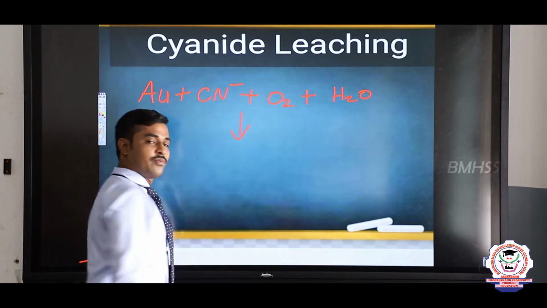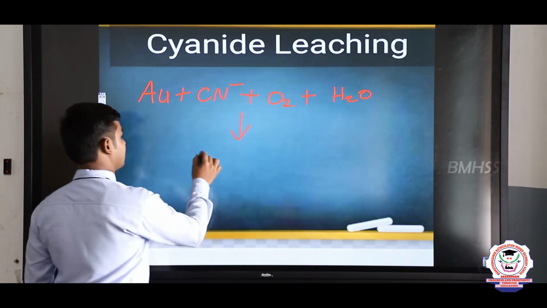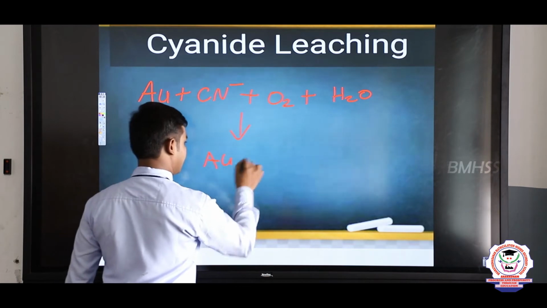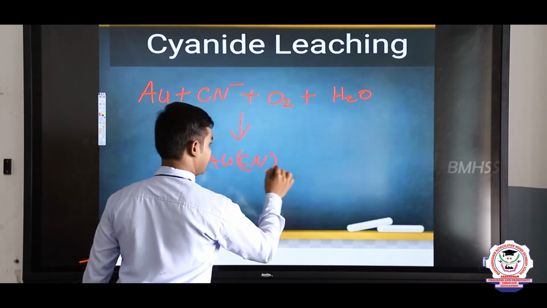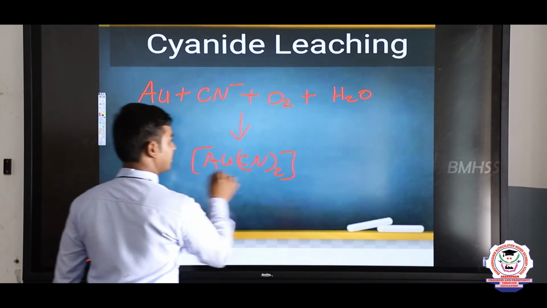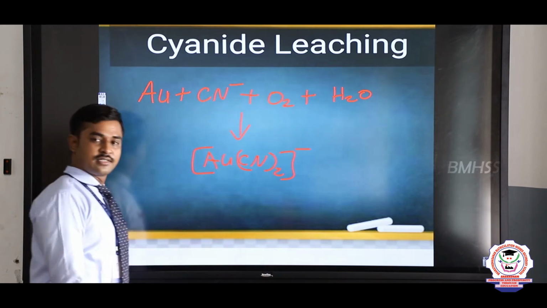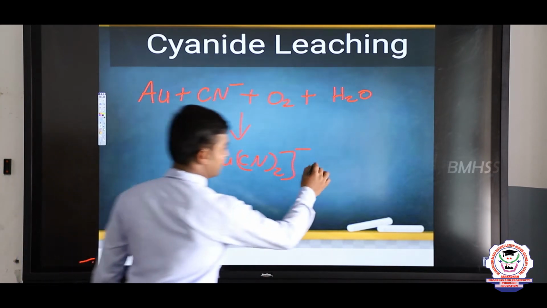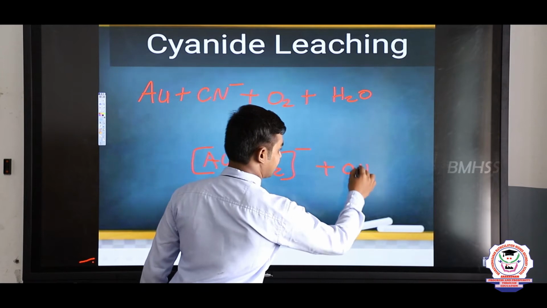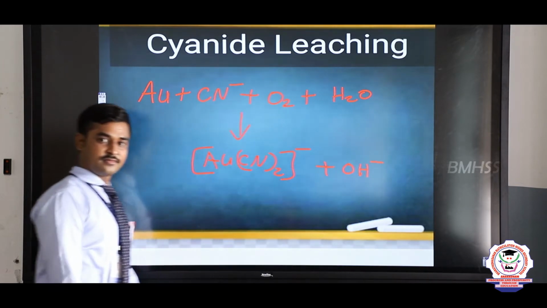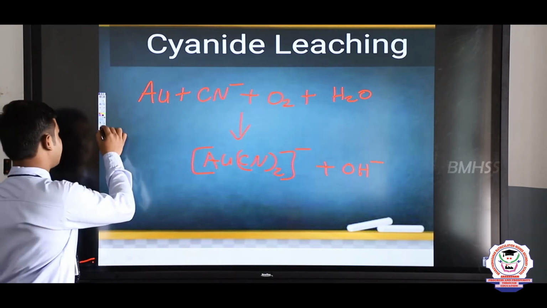Finally we get Au(CN)2 minus, the auric cyanide ion. It has a negative charge, and the hydroxide ion is removed.